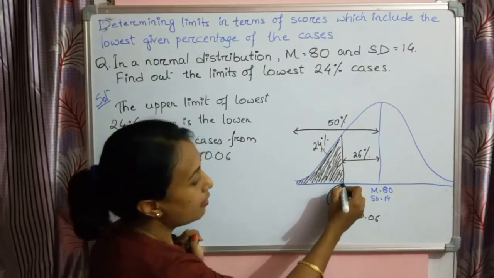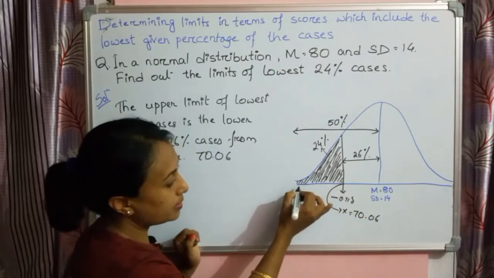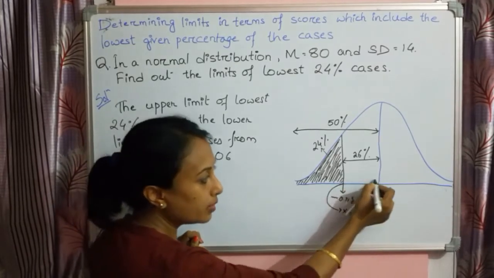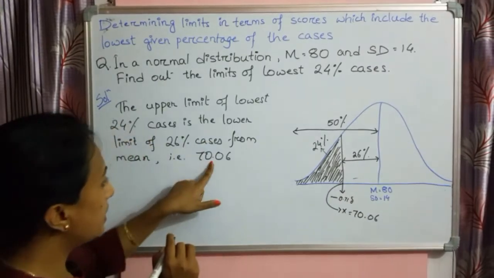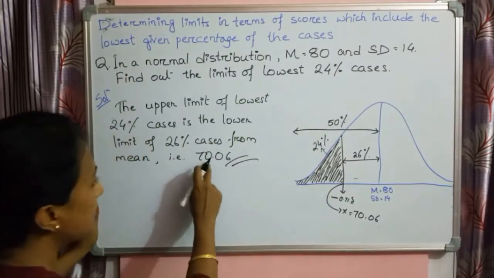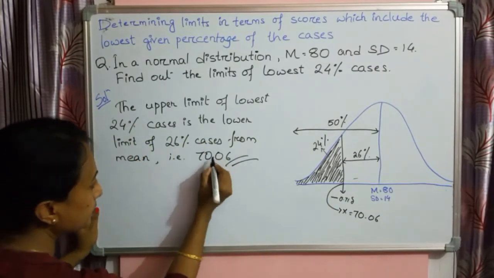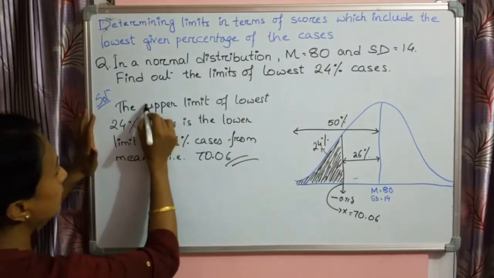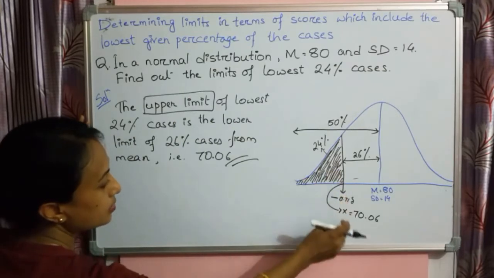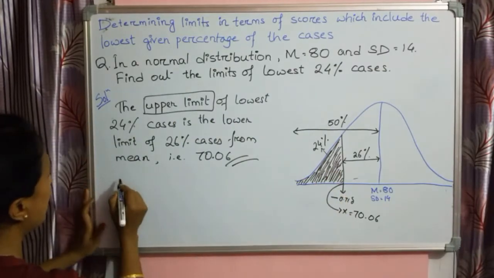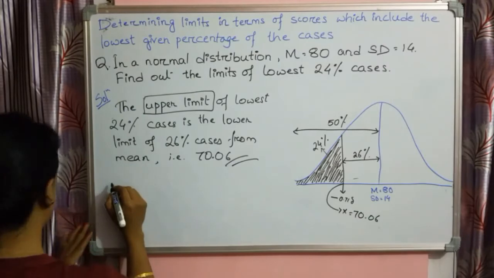So our upper limit of the lowest 24% cases is 70.06.